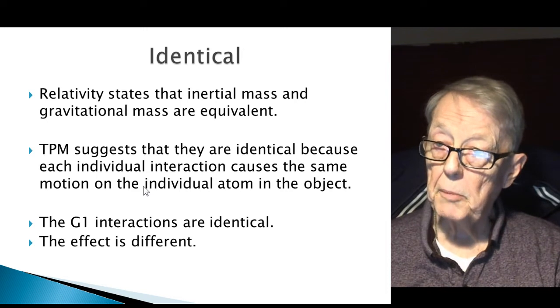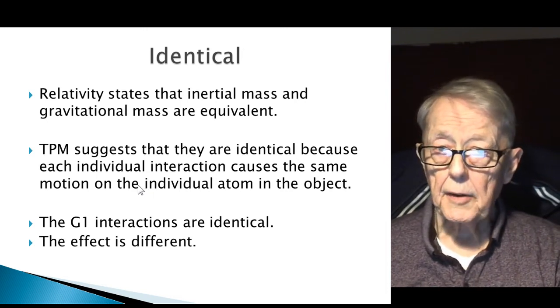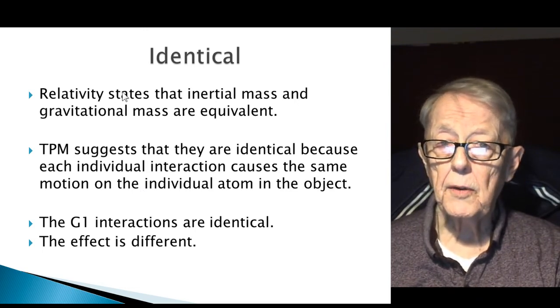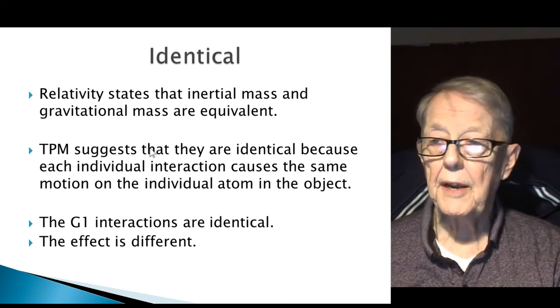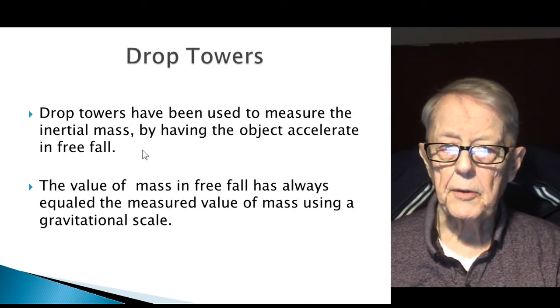So should the mass be different if the interactions are identical? I claim that in relativity, inertial mass and gravitational mass are not just equivalent, they are identical. An interesting thing, I've never talked about drop towers.